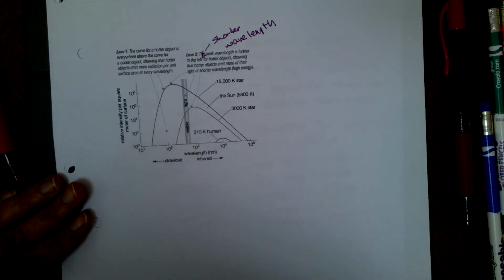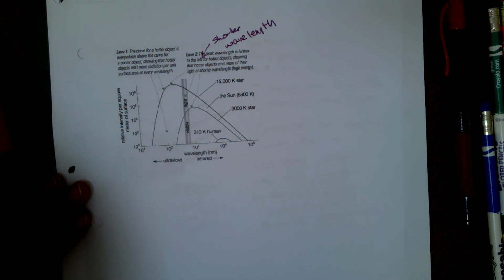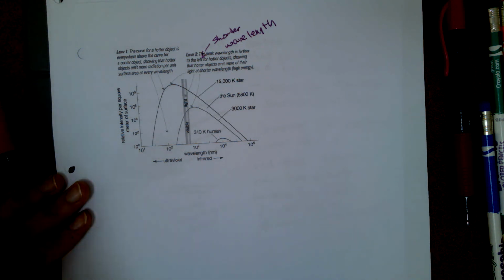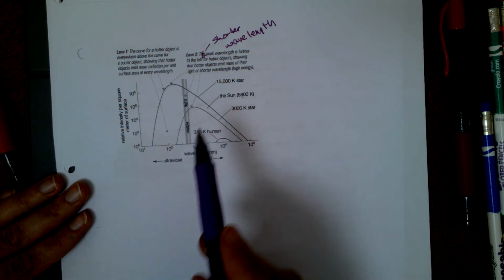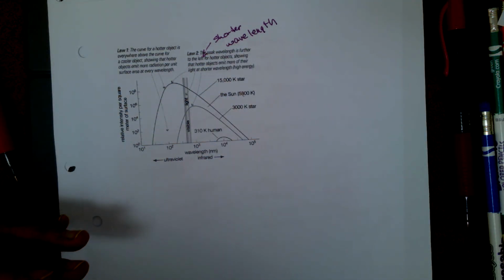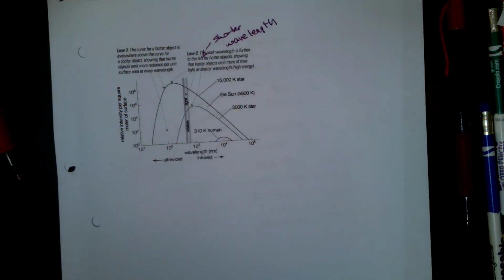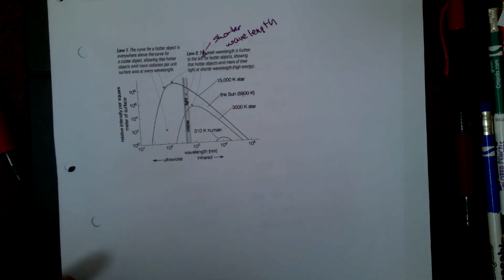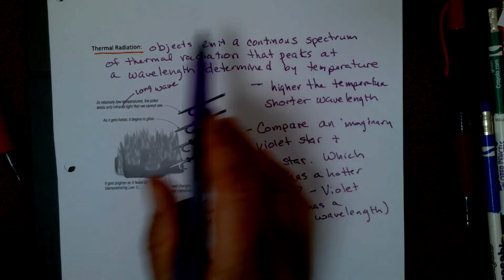Hotter objects emit more light at shorter wavelength. So basically this graph is saying exactly what we said right over here.